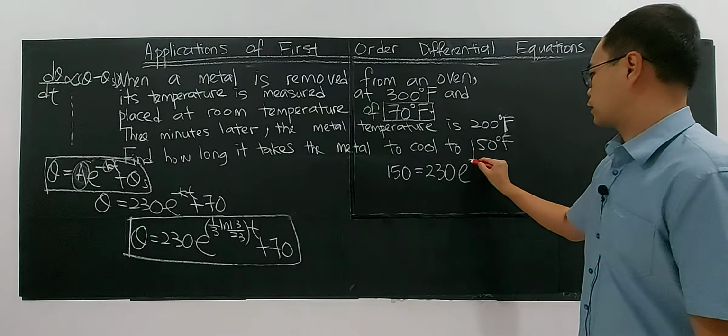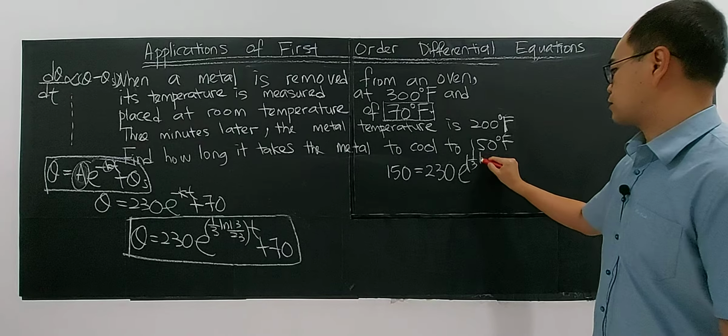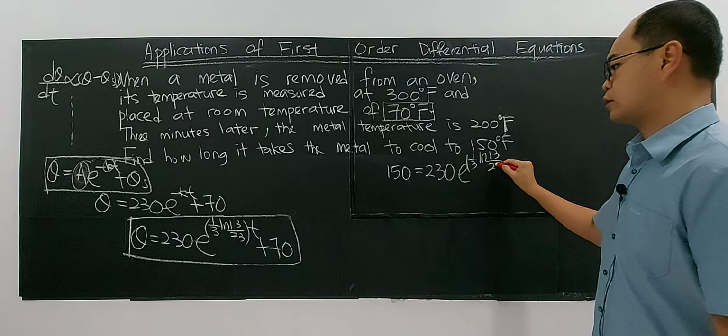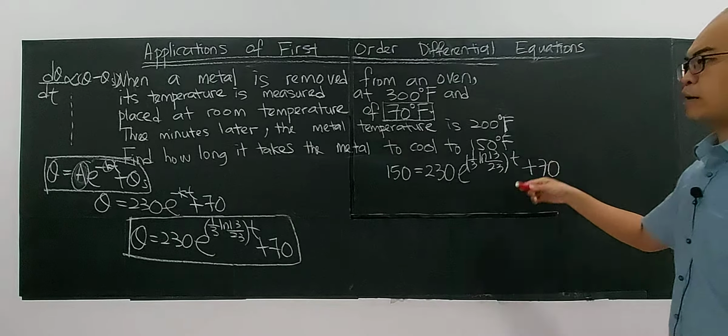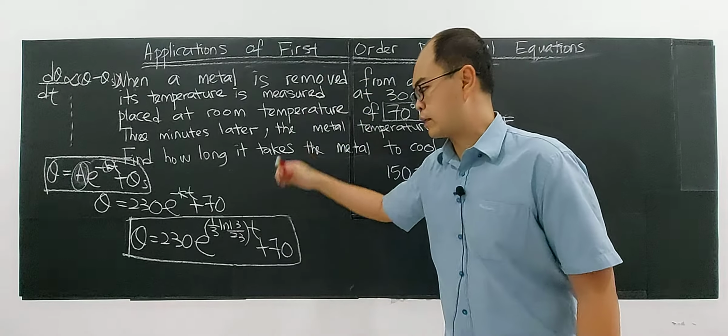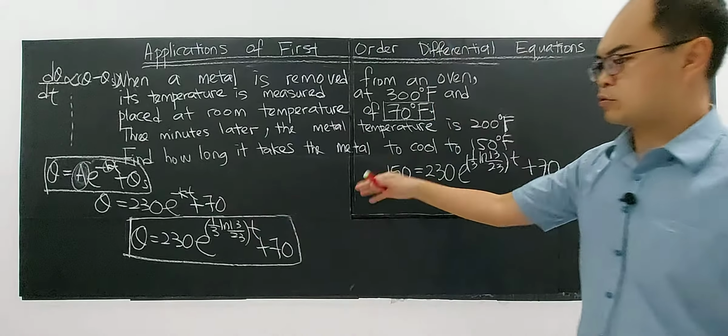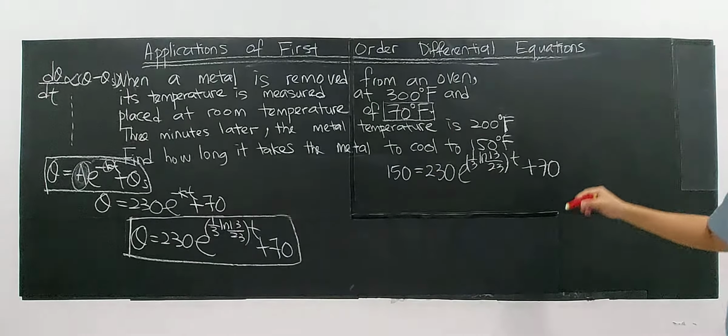Every student that studies science knows how to do this. So this is a mathematician getting this formula, and a scientist is just using this formula to get the values.